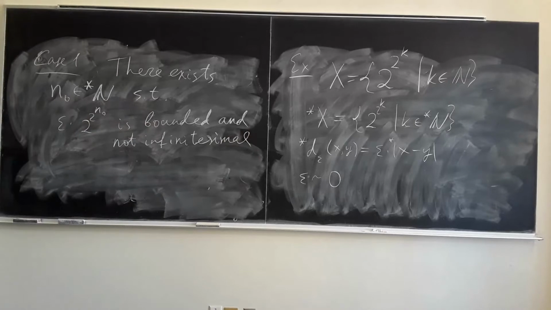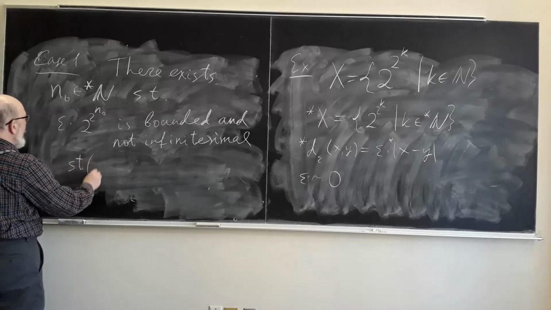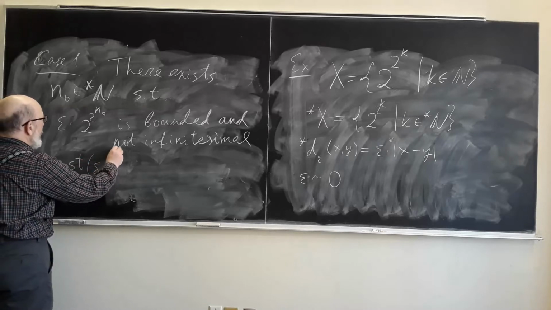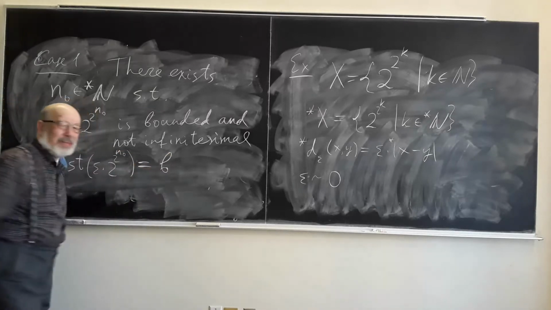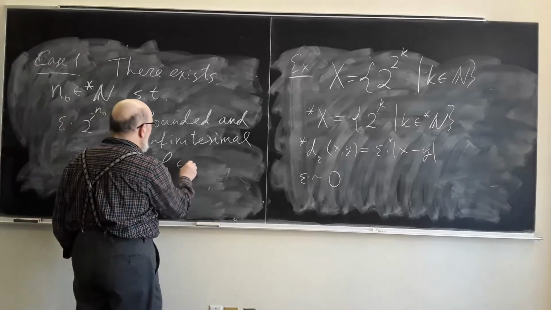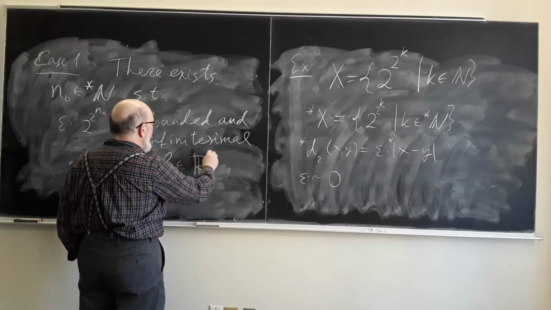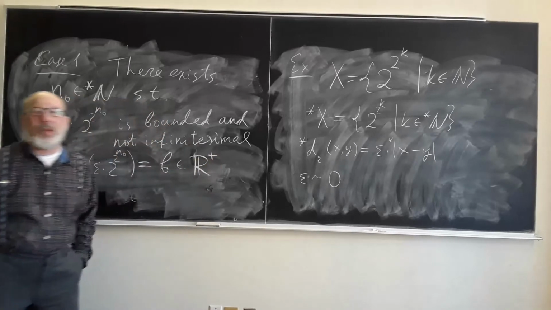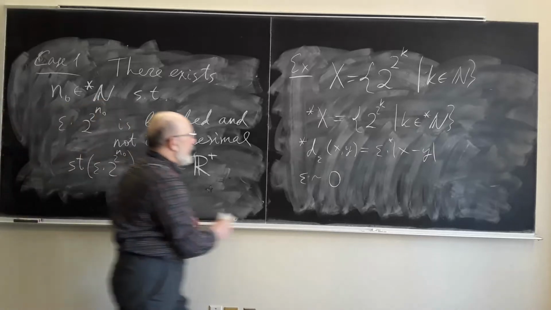So let us call it b: then the standard part of epsilon times 2 to the power 2 to the power n0 equals b, b in R plus. So it is a positive and finite standard number. So this is the standard part. So what can you say about other terms in this case?